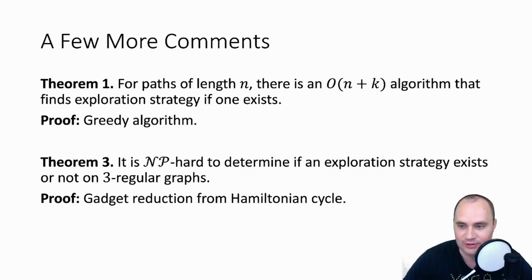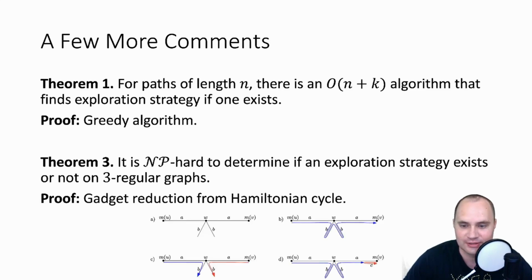The proof is not straightforward. Here is an example of the gadgets. They look kind of like these whiskers. Lengths A and B need to be chosen carefully, and the initial energy values assigned to robots need to be chosen carefully to ensure that an optimal strategy, if one exists, would correspond to a single cycle in the graph, as opposed to multiple different cycles.